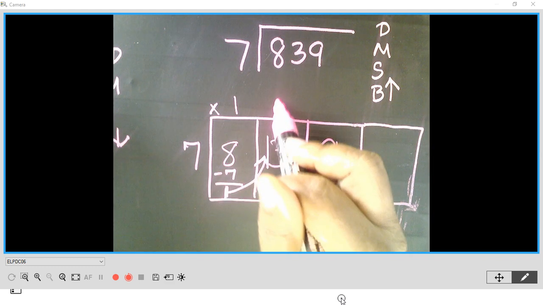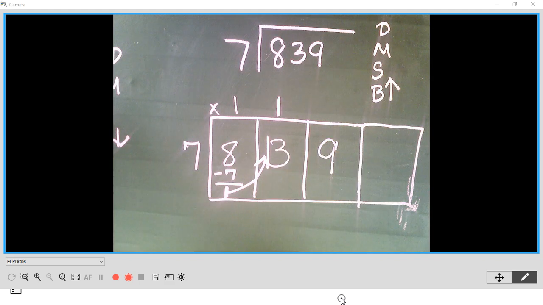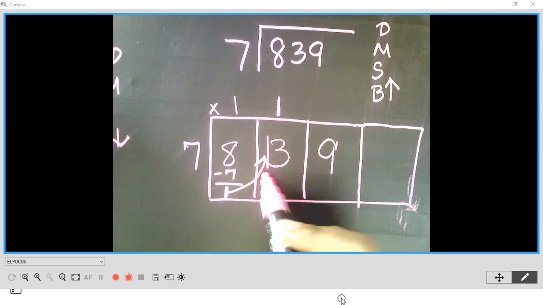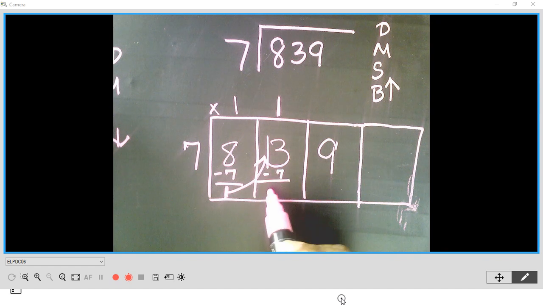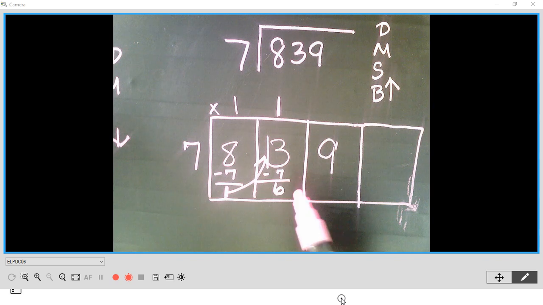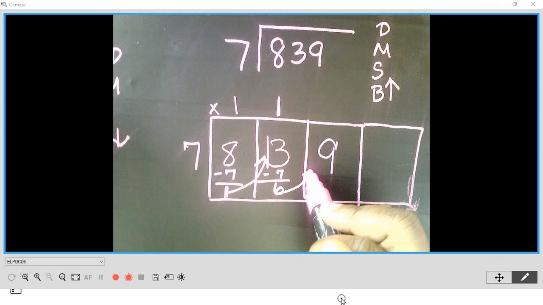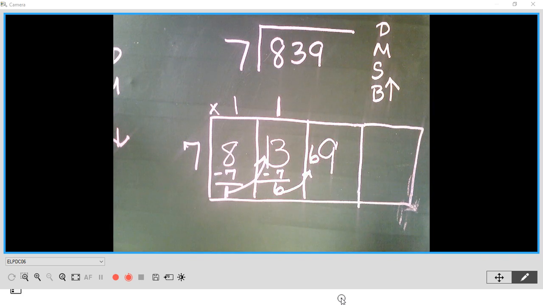So I'm going to have to go back with the 1 again. 1 times 7 equals 7. I take that 7 and subtract it from 13, and I get 6. Wow. So I have to now bring up the 6, and my new number is 69.